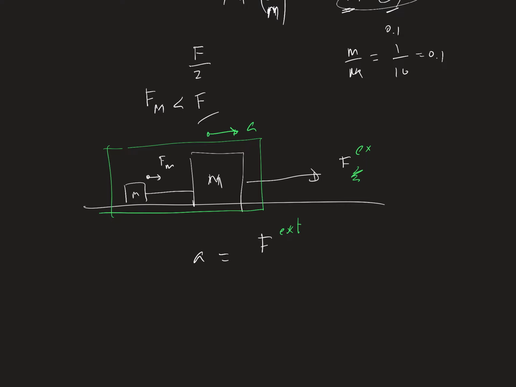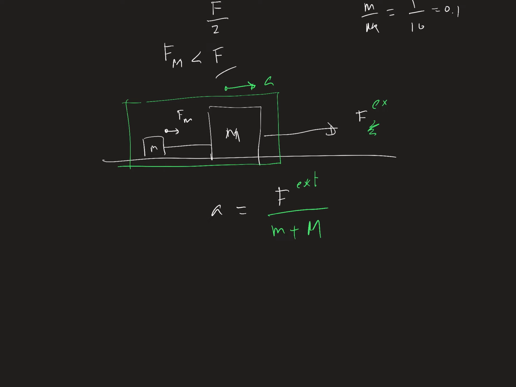The acceleration is the force divided by M plus m. It seems to me that there is no change. Now this is the acceleration of the two bodies. What is the force acting on little m? It is the mass by the acceleration.